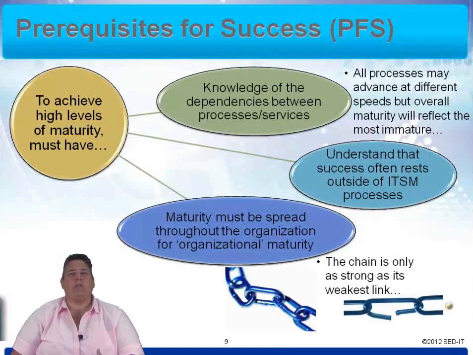You've all heard the adage, the chain is only as strong as its weakest link. Again, this goes back to the level of maturity within a process. You cannot say that you're at level 5, the highest level of maturity, when you still do not capture all events within a process as demanded by the process documentation.